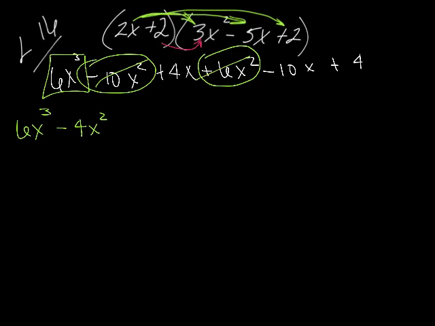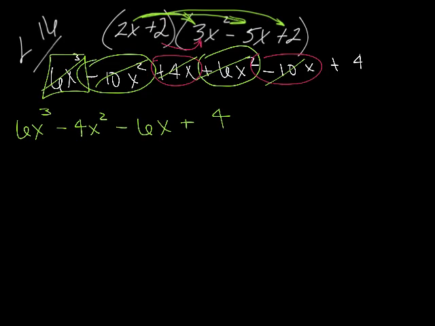Now I've got a 4x and a minus 10x, which is going to give me a minus 6x, and then I have a 4 at the end. And that ends up being your solution to that problem.